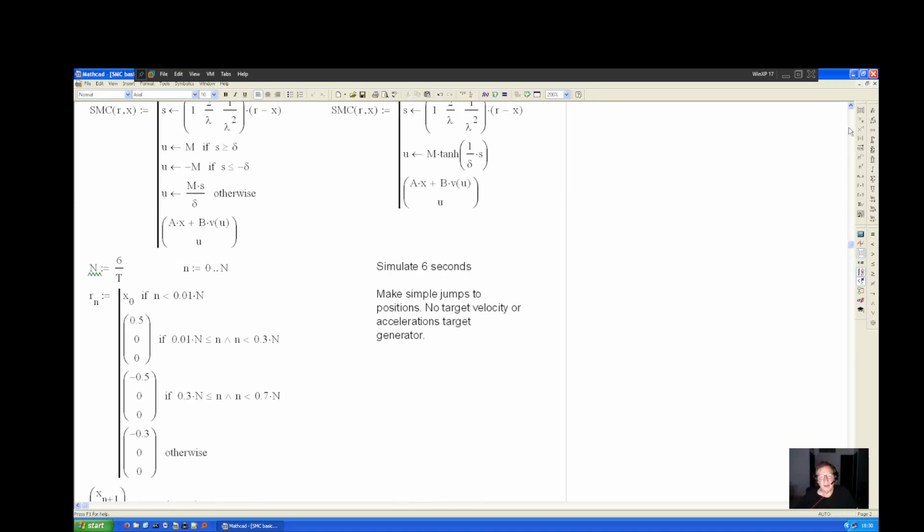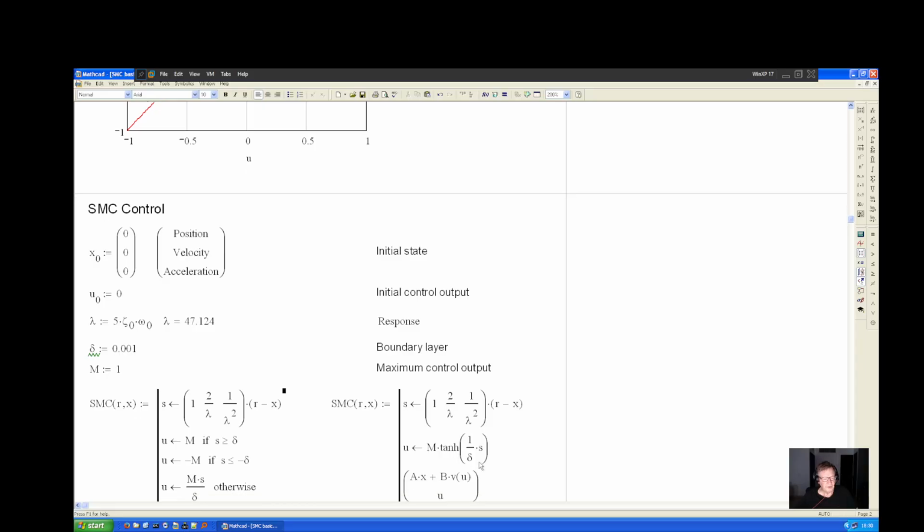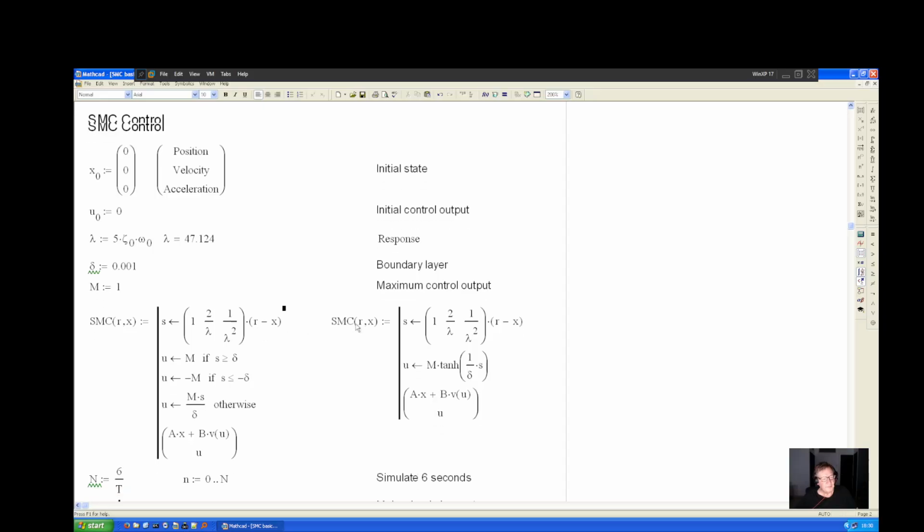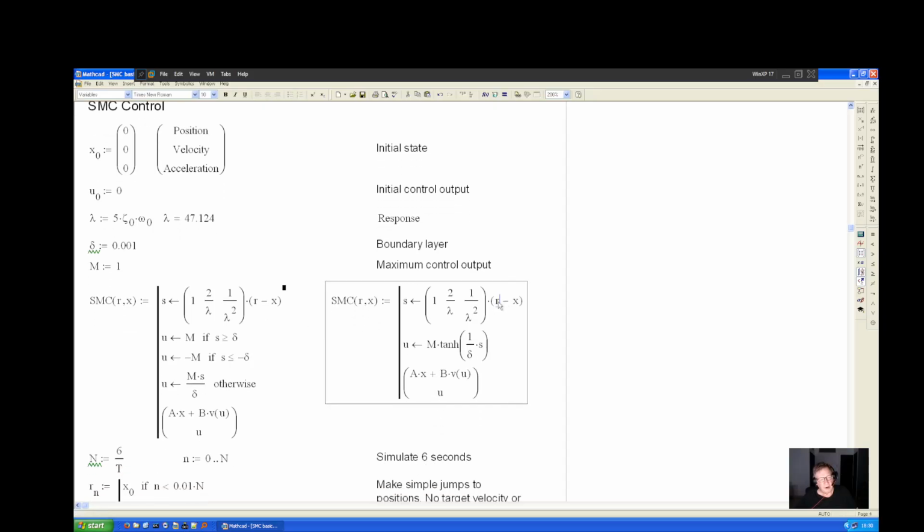So now I'm using the hyperbolic tangent version, and I've got the weighting. R is the target position, velocity, and acceleration. X is the actual position, velocity, and acceleration.